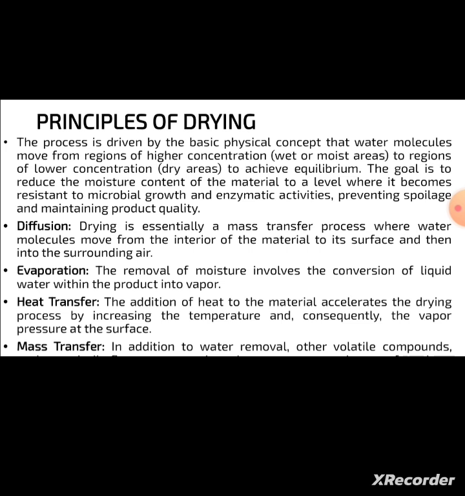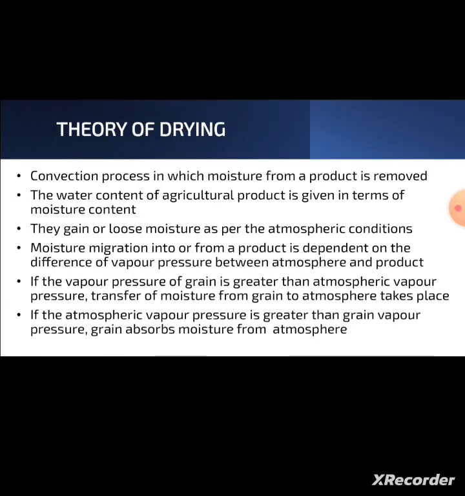These are the basic principles of drying, especially heat and mass transfer, because the heat will be applied in the form of dry air or any other form, and because of this the moisture content will be transferred from the product to that hot air. So there will be mass transfer and heat transfer.